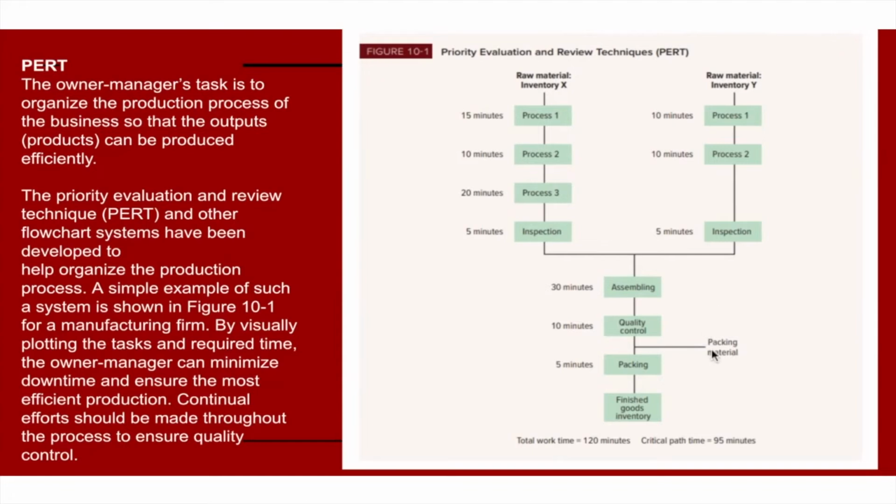Quality control, someone inspects it to make sure all the buttons are on right, there's no buttons falling off or stuff like that. And then we need to be able to pack it into a cellophane type of bag, box, whatever you want to call it. And this then goes off to finished goods inventory.